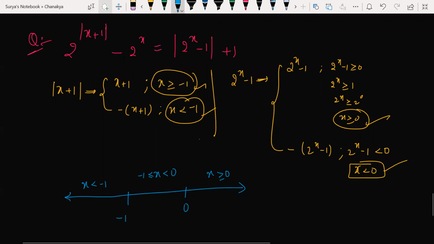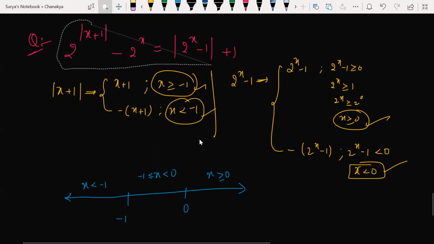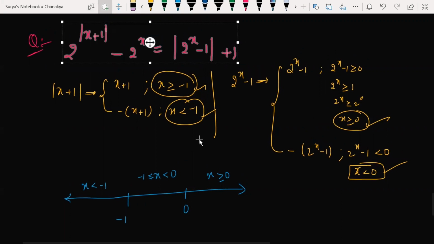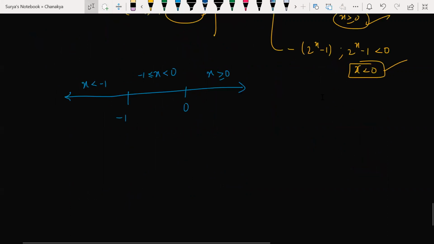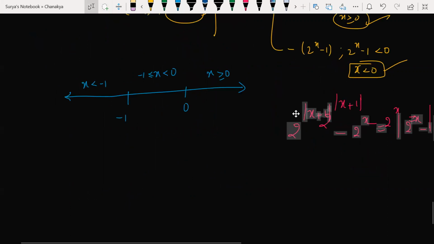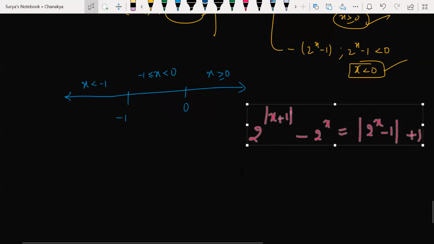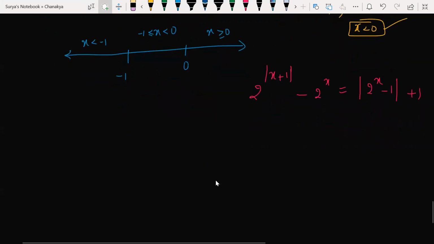Now let us take this question and write it down. So what I am going to do here is check. When x less than minus 1, how is this function going to be defined?